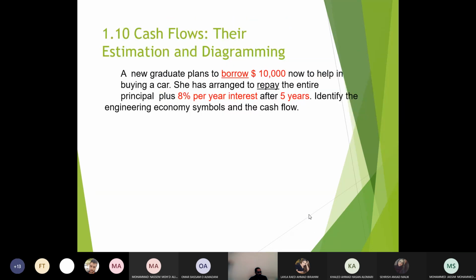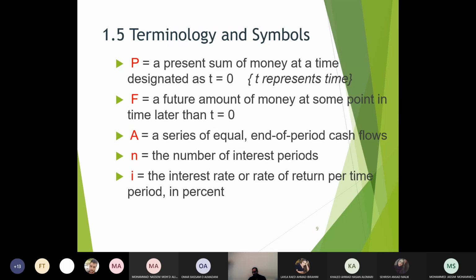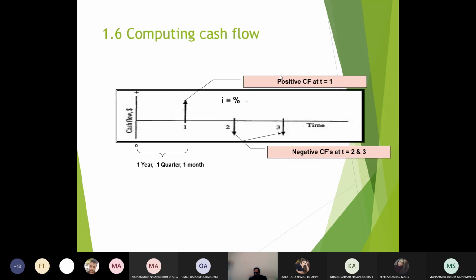So what we did last time, we briefly discussed the symbols, and they were important just to start figuring out how to incorporate the information of any problem into a more logical sense. Then we said these have to be displayed. Accordingly, we can see that there is something called a cash flow. Anything indicating a positive should be upward.